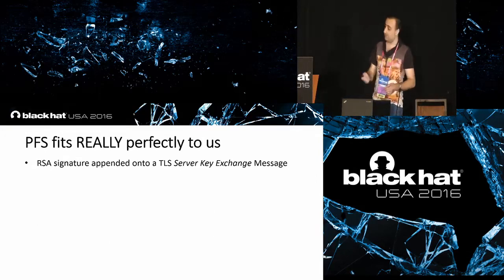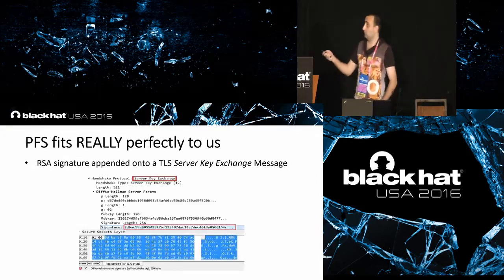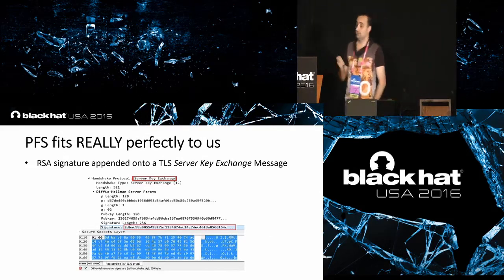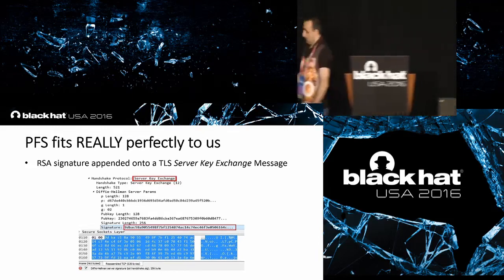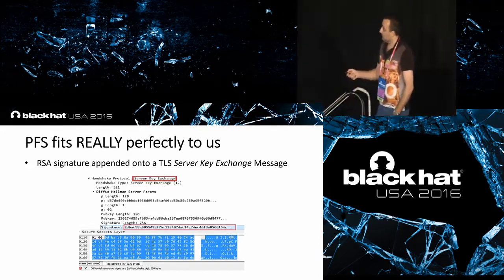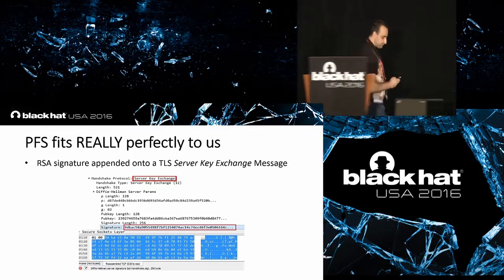And perfect forward secrecy fits perfectly for us because when we negotiate this kind of cipher suite, a dynamically generated signature is embedded inside the server key exchange message. And this message is only exchanged when perfect forward secrecy is negotiated.